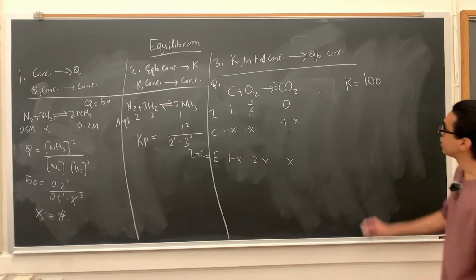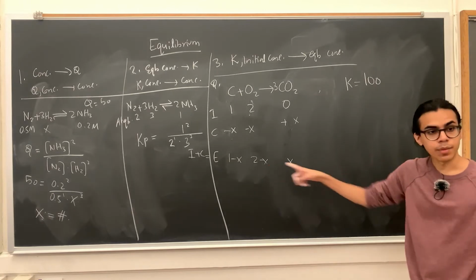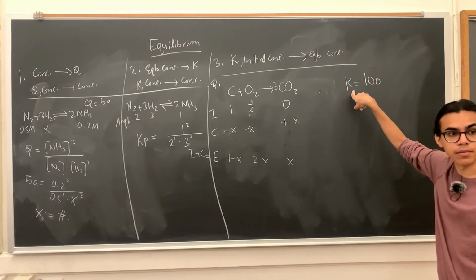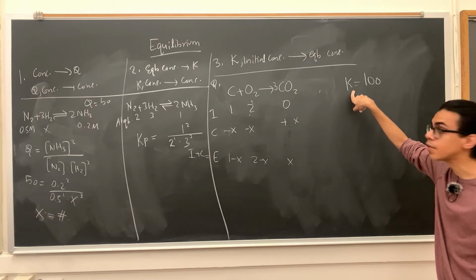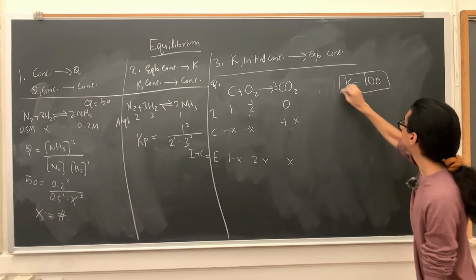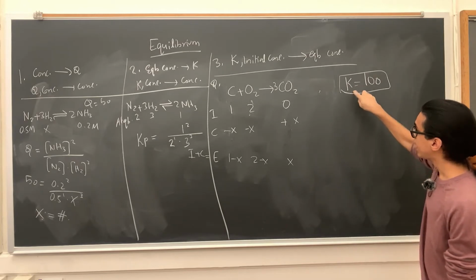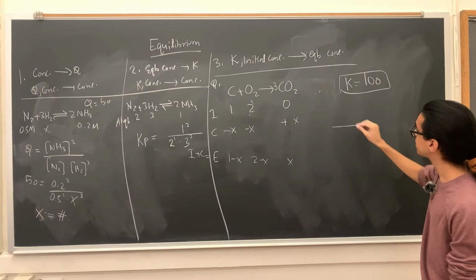Great. So we know what the equilibrium concentrations are. Those can go in K, because K accepts equilibrium concentrations. K is given to be 100. How do I write K? Products over reactants.